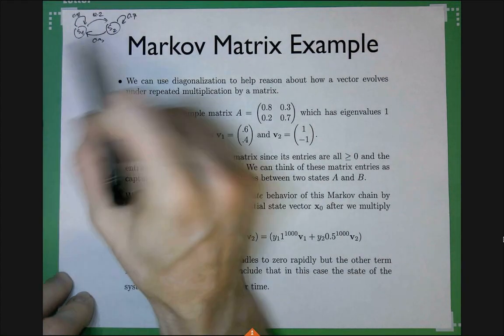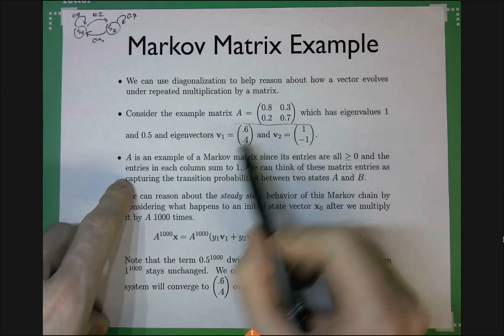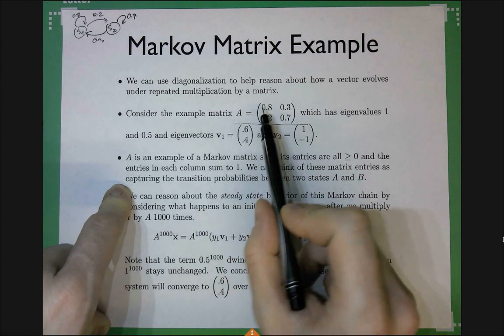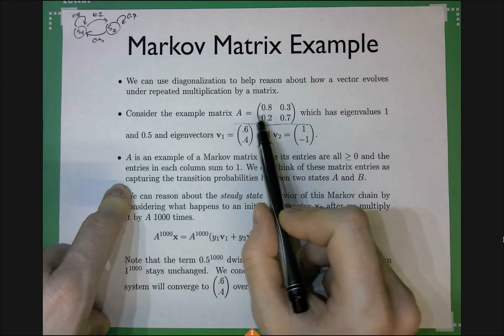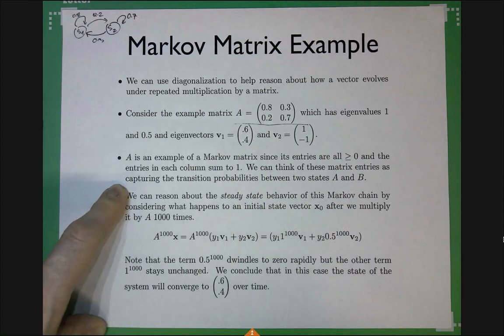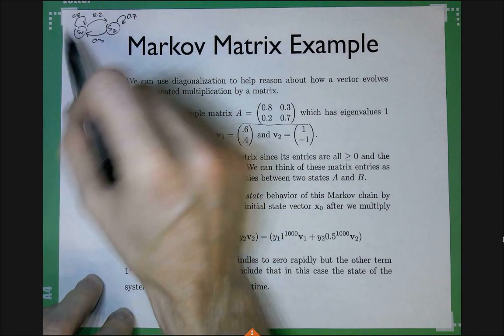This is a Markov matrix because all these numbers are probabilities. In every column there's a probability distribution, so they are all non-negative, and the entries in every column sum to 1. So they are really just transition probabilities in such a system.